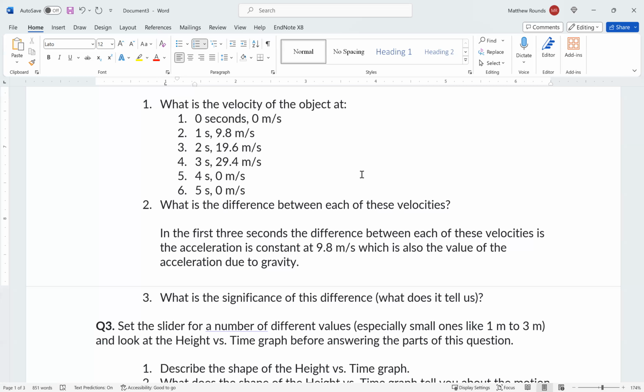All right. During the 3 or 4 seconds, the object hits the ground and stops moving. That's what I should write.